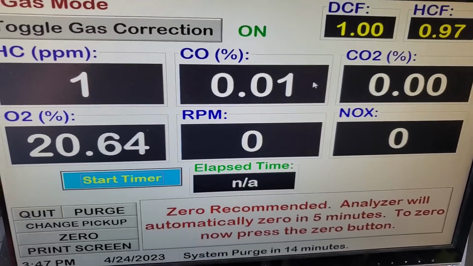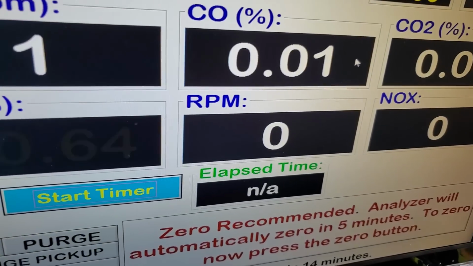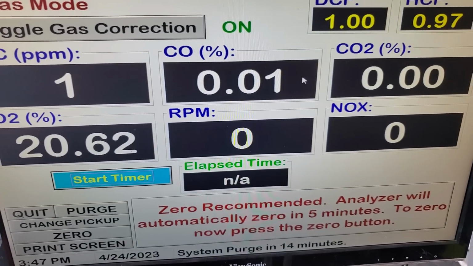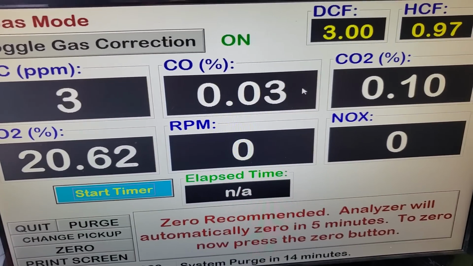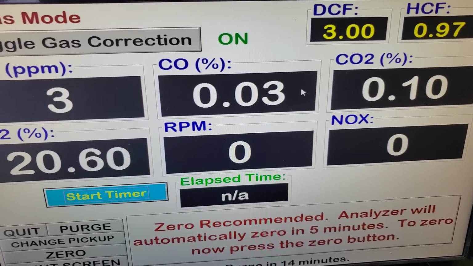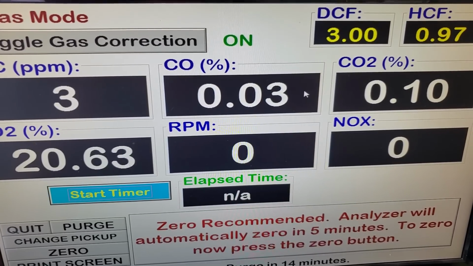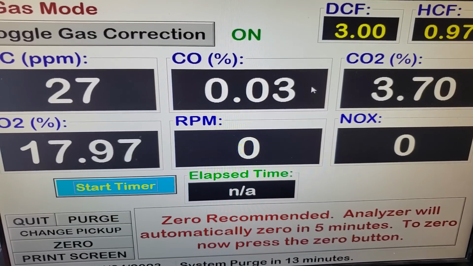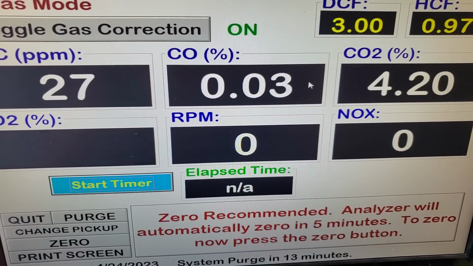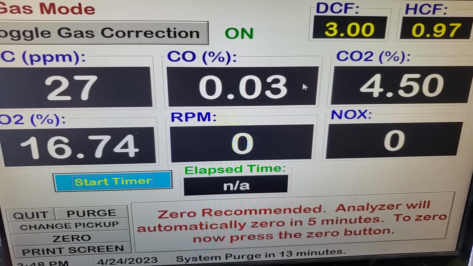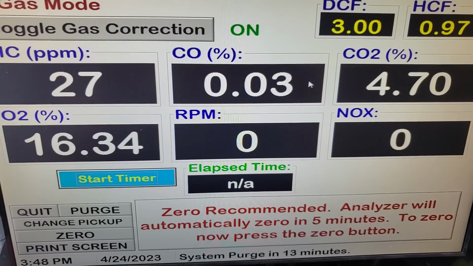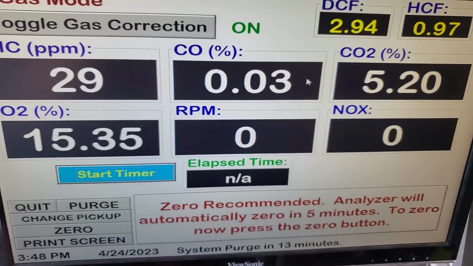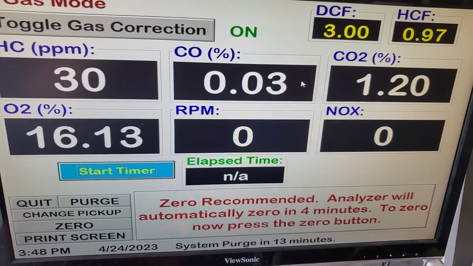I'm going to take a breath, and I'm going to exhale into the probe here. So when I exhale, this is what I'm exhaling here.